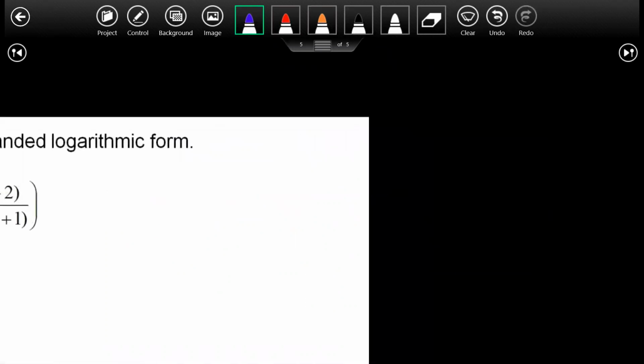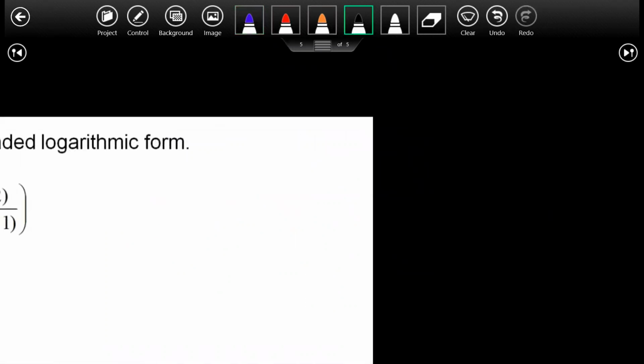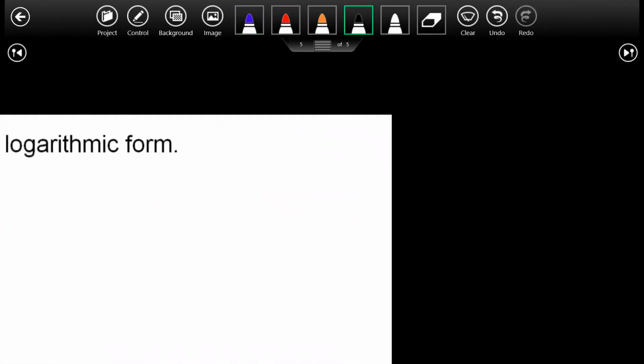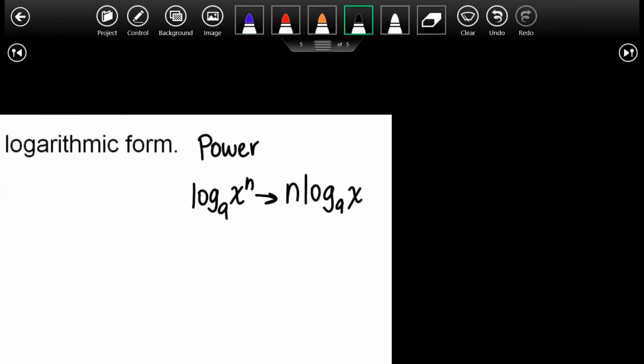The three of them that you guys need to kind of remember is the power, product, quotient. So the power property says if you have log base A of A to the n, you can drop down that front power, or vice versa.